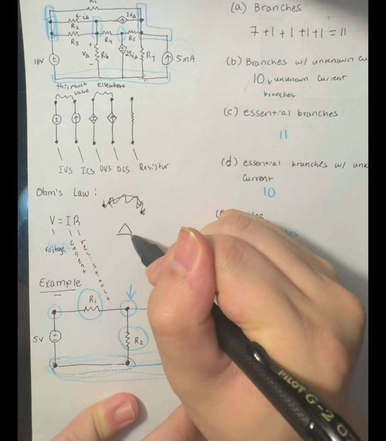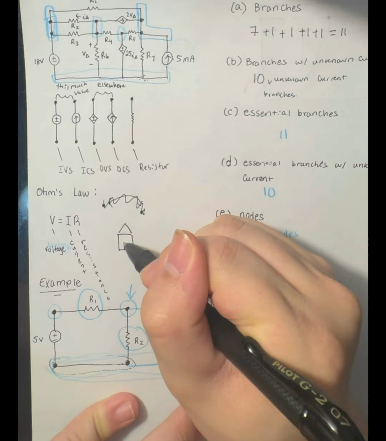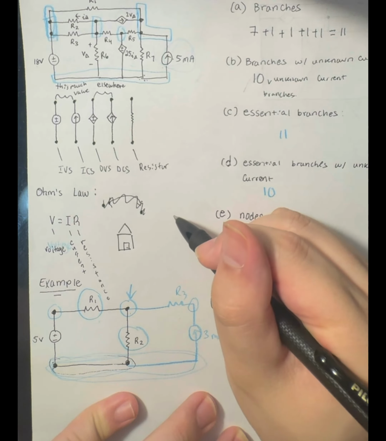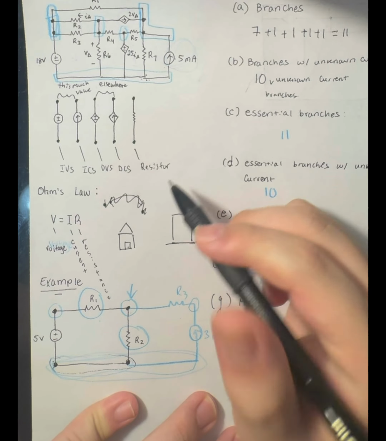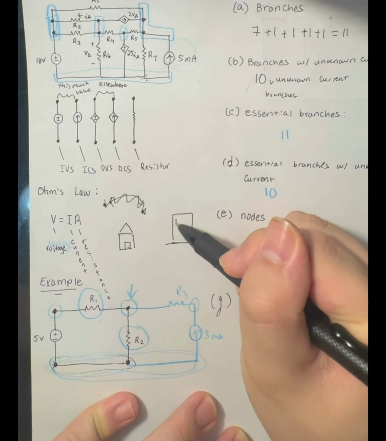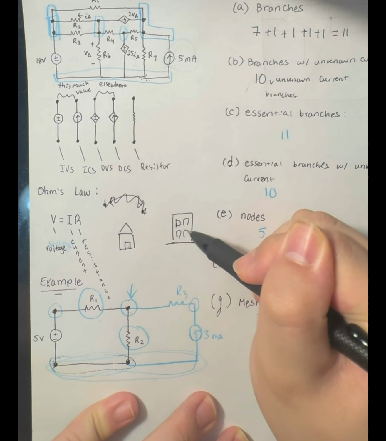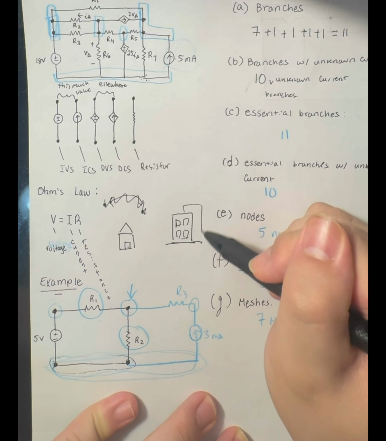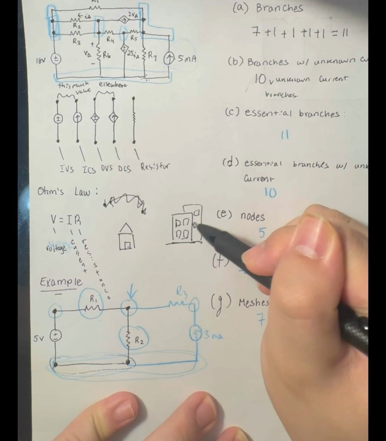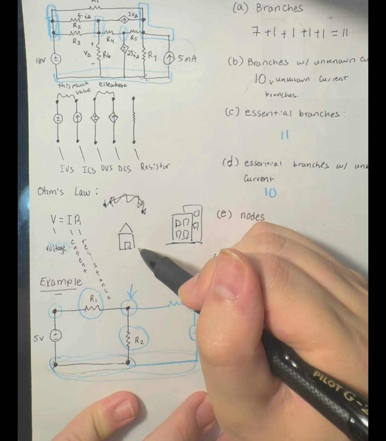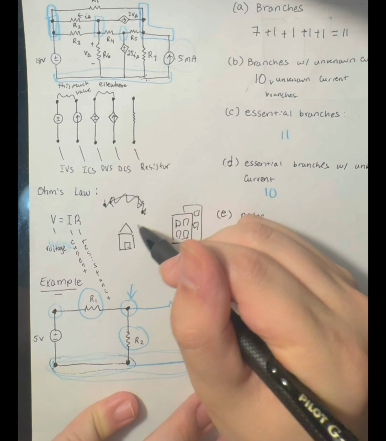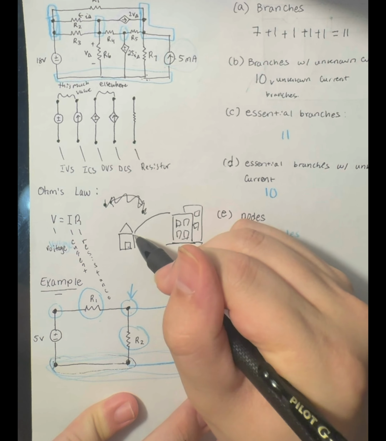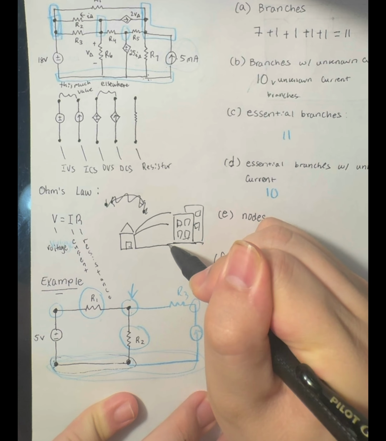Let's say this is your house, right? And then you're going to your school or campus or wherever. You can take many pathways, right? So you can go this way, you can go this way, or you can go this way.